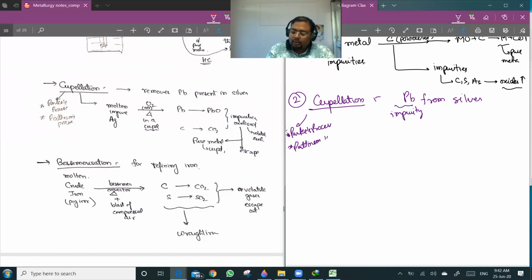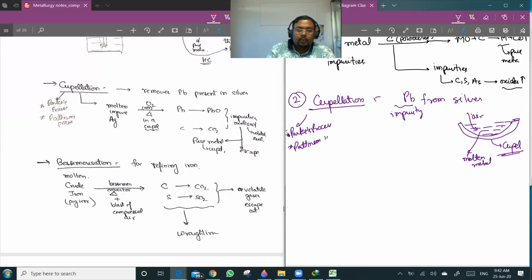We used to take a bowl-like vessel, known as a cupel, and keep the molten metal in it, passing air through it.